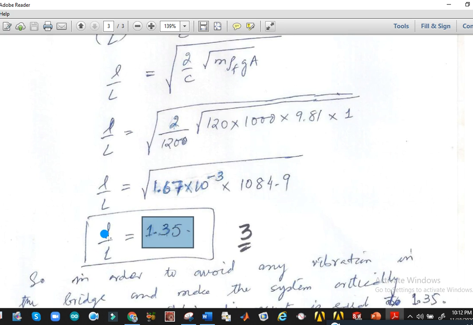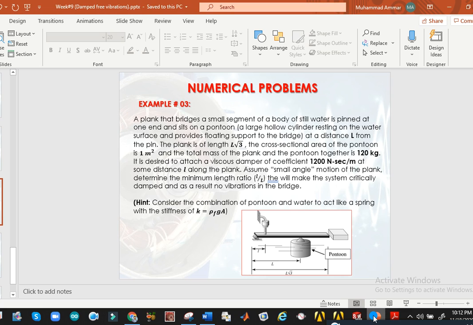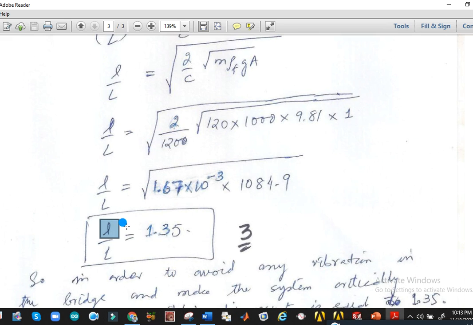This means that small l, the length of the damping element from the pivot point, should be 1.35 times greater than the length of the stiffness element.